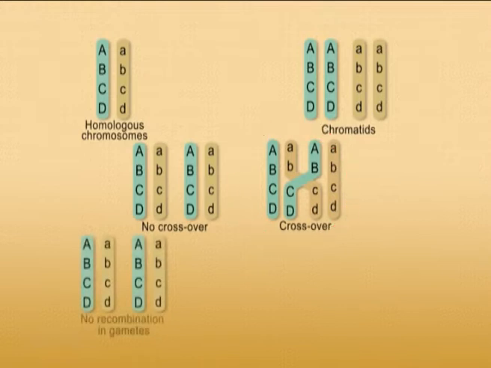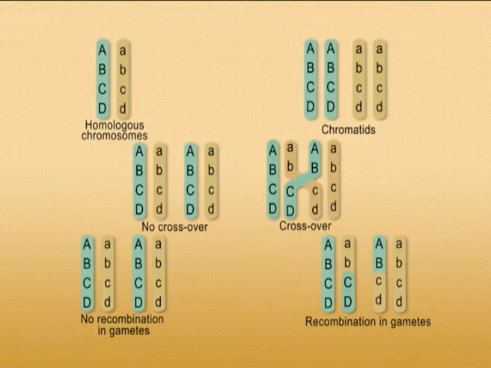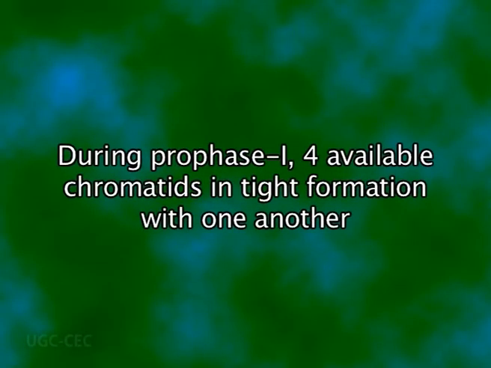When the chromosome pairs during meiotic prophase, parental homologous chromosome exchange segments during crossing over to produce recombinant chromosomes, leading to the formation of new combination of genes on the chromosomes of the gametes. During prophase 1, the 4 available chromatids are in tight formation with one another. While in this formation, homologous sites on 2 chromatids can mesh with one another and may exchange genetic information.